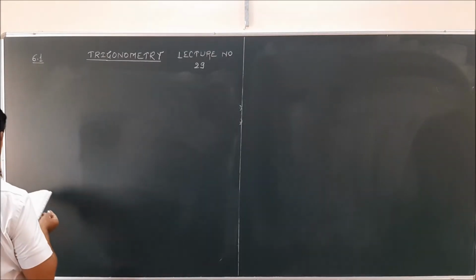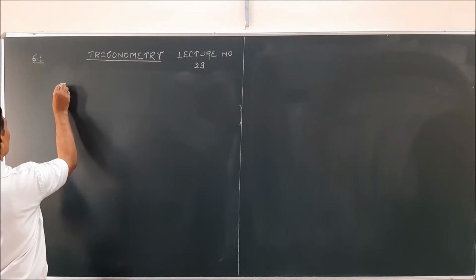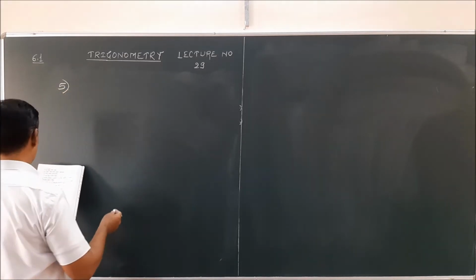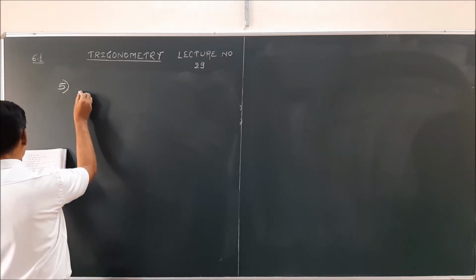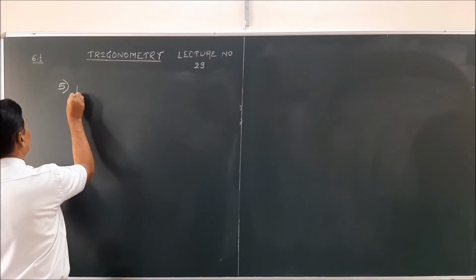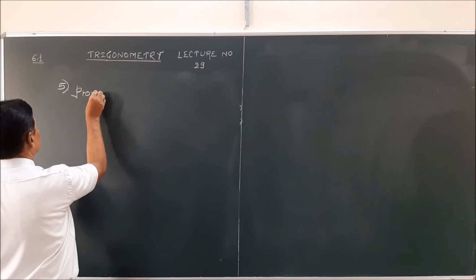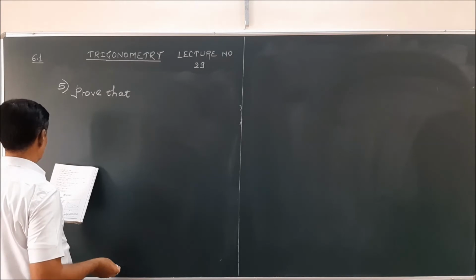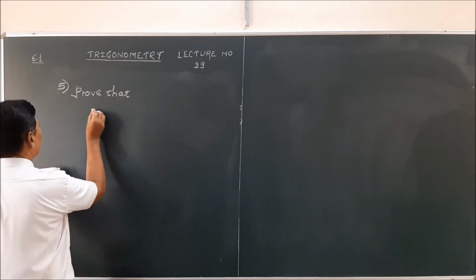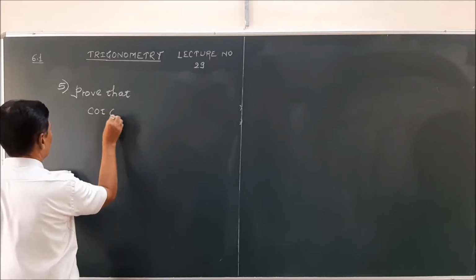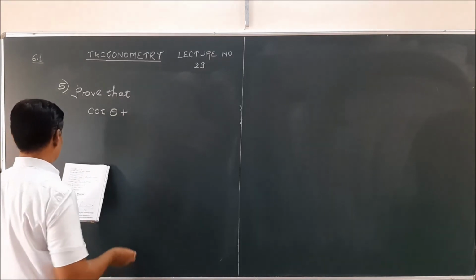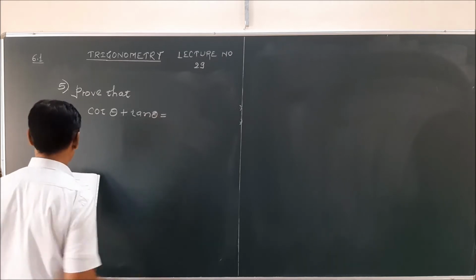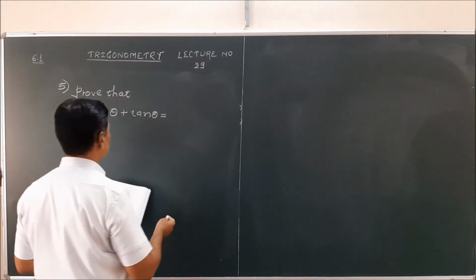Question number 5. Prove that cot theta plus tan theta is equal to cosec theta into sec theta.